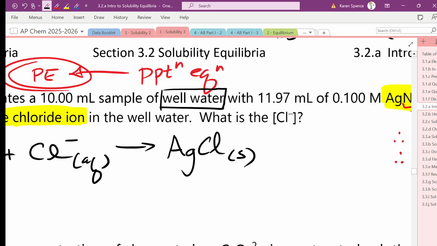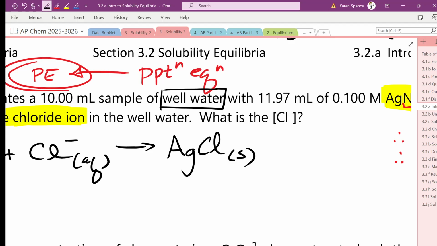So we don't know what the cations are, which is why we just talk about the chloride. Maybe we just want to know the chloride concentration in that water because it's been in the ground and has all sorts of dissolved minerals. So we're just finding one of them. And because chloride reacts with silver in this way, it is an easy one to do a precipitation titration.